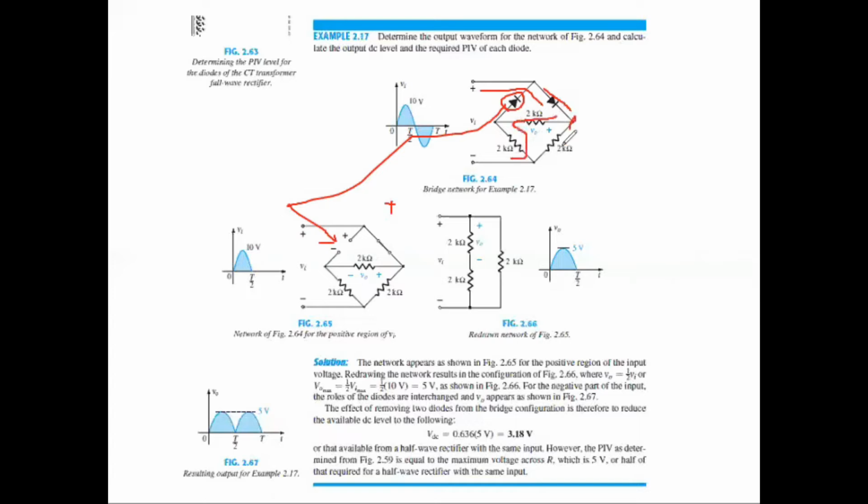One will flow through this one and the other will flow through this one. So this circuit is basically this one. These two you can see are basically in series configuration because the same current is flowing through both of these resistors. So that's why these are in series configuration.